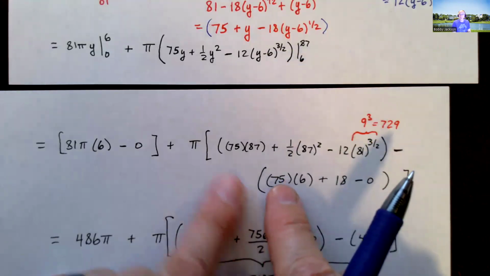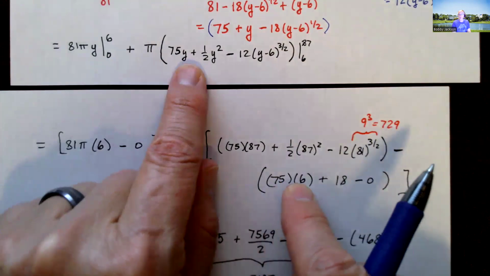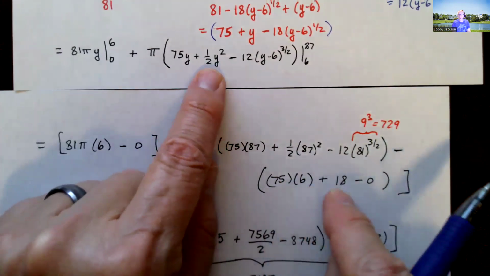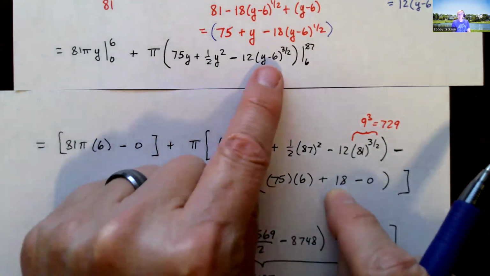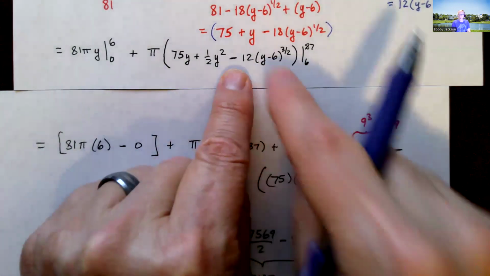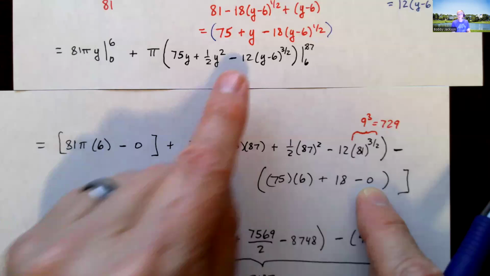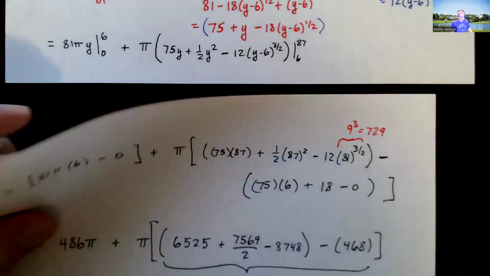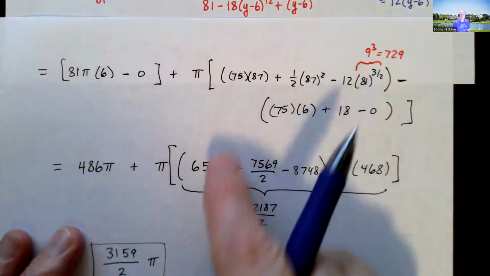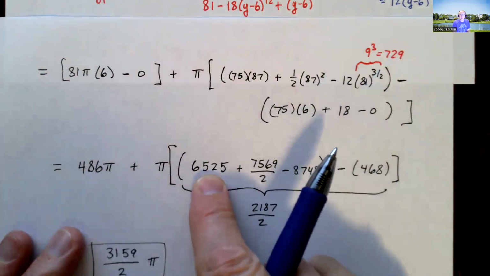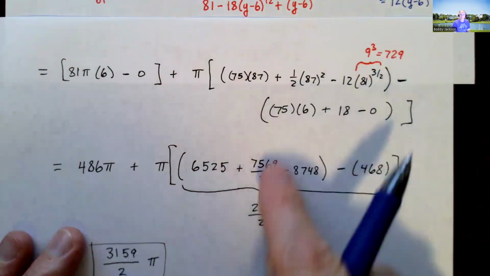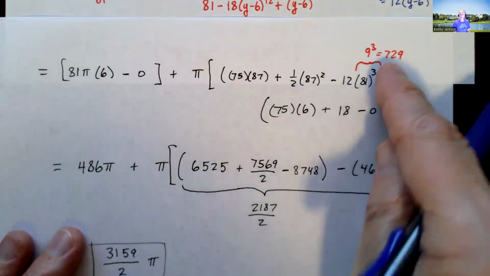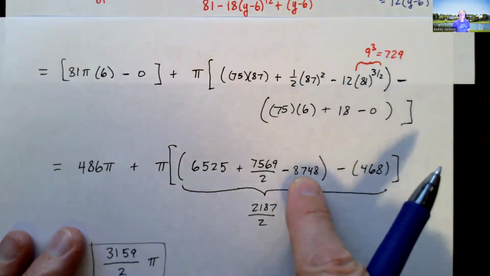So at 6, it's 75 times y, which is 6, plus 1/2 of 6 squared, which is 36. Half of 36 is 18. And then if I plug in 6 here, notice 6 minus 6 is 0, so that's going to go to 0. Okay, so just finishing it out, we will have 75 times 87 is 6,525. 1/2 of 87 squared is 7,569 halves. 12 times 729 is that.